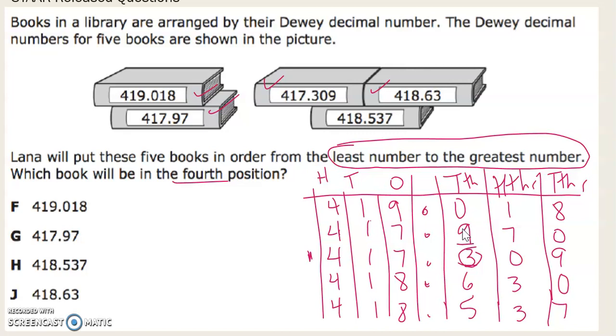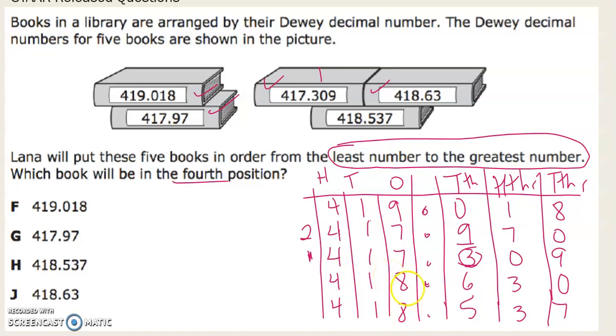Alright. So that's going to be my first book. I'm going to put a 1 here. And so that means that my 417 and 978 thousandths is going to be the second one, because it's the only other one that has a 7. So then I go back to my ones place, and I have 8, 8, and 9. Again, I'm looking for the smallest.